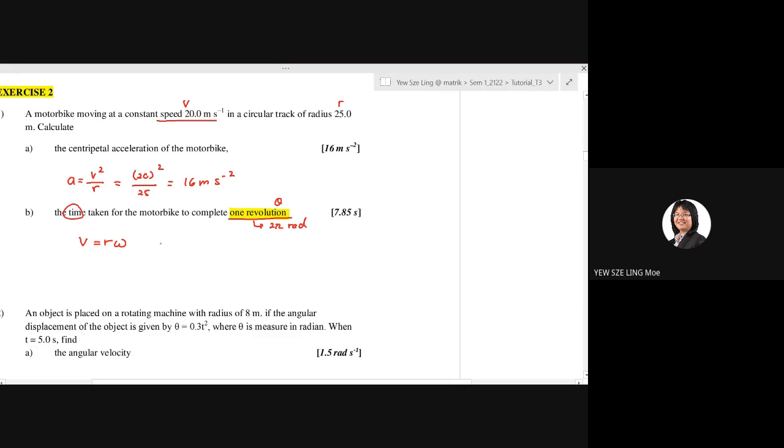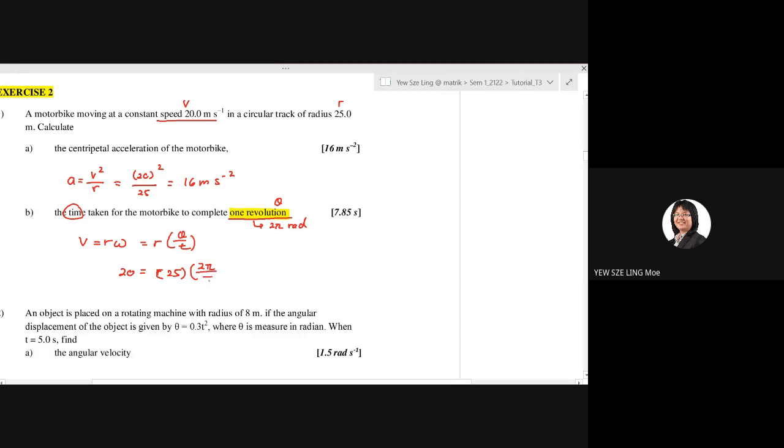So given v is 20, so 20 equals r, r is 25, sorry, so 25. And now my theta equals 2 pi.